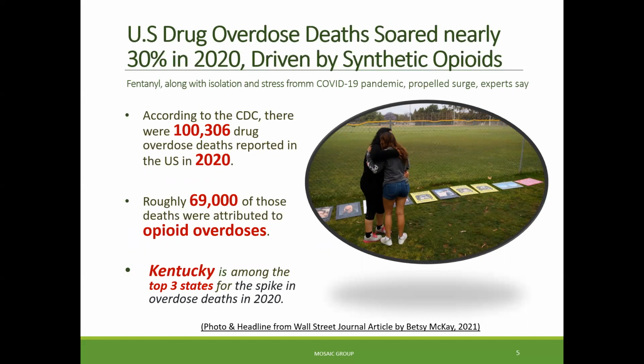The number of deaths attributed to overdoses in 2020 is a somber reminder that the opioid epidemic continues to deeply impact our communities. The Office of Drug Control Policy believes the global pandemic caused by COVID-19 was a major contributing factor in the rise in overdose deaths across the United States and in Kentucky.